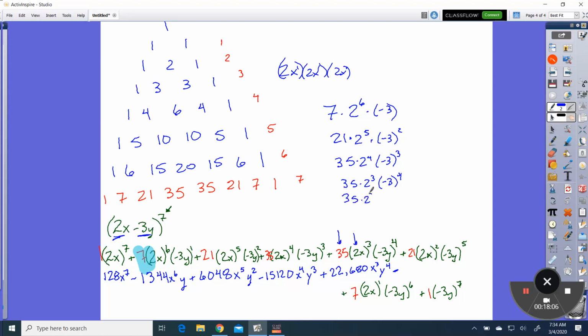Then it's going to be 35 times 2 squared times negative 3 to the 5th. That one's minus 20,400 x to the 2nd, y to the 5th. And then you have 7 times, oops, that should be a 35, that's a 21. 7 times 2 to the 1 times negative 3 to the 6th.